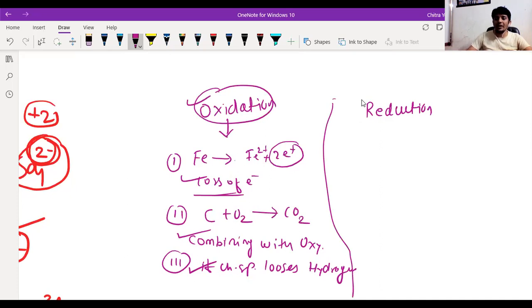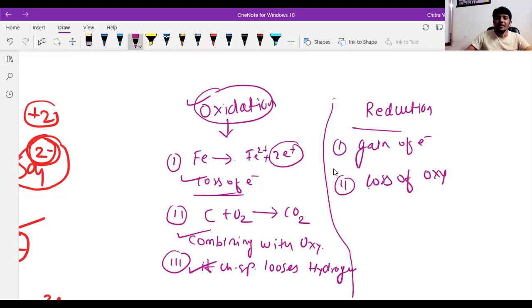Reduction is just the opposite of the oxidation reaction. In reduction, in the first condition there will be gain of electron. In the second condition, instead of combining with oxygen, loss of oxygen takes place. Third condition, gain of hydrogen takes place.